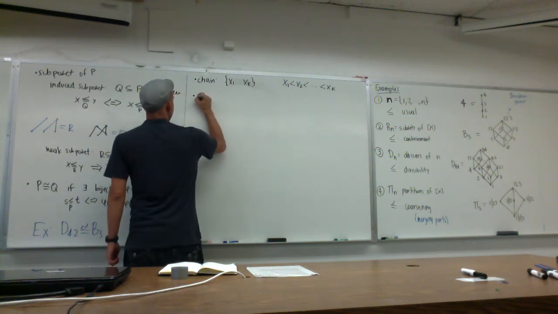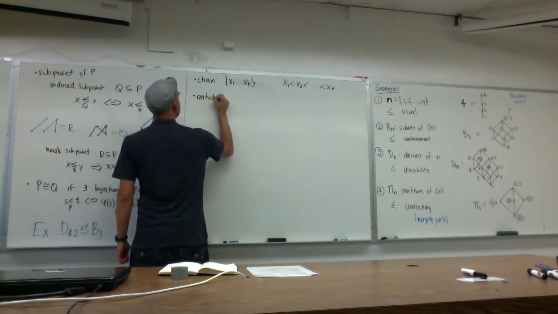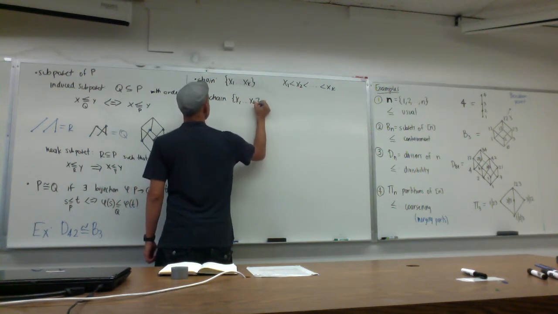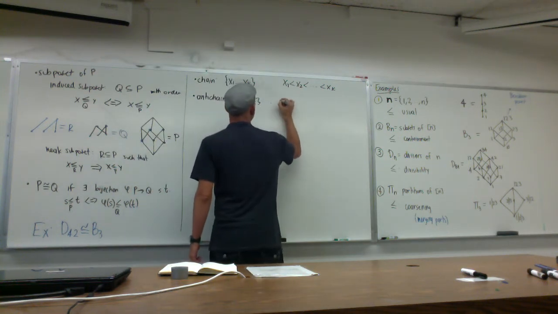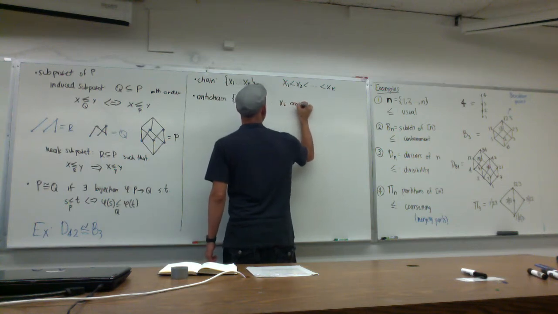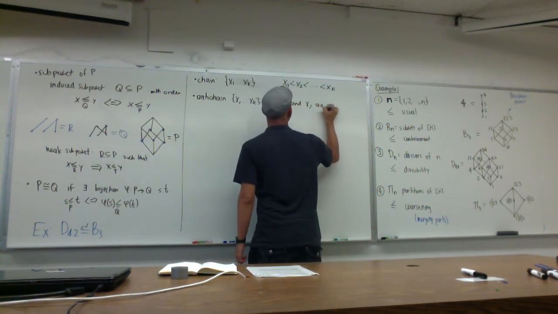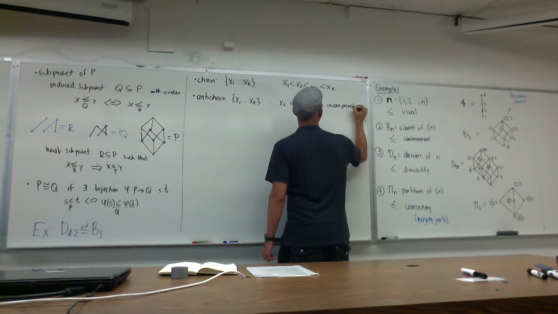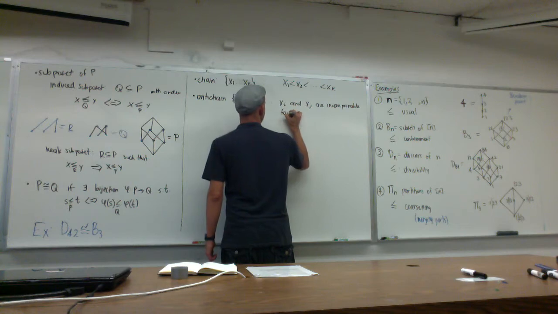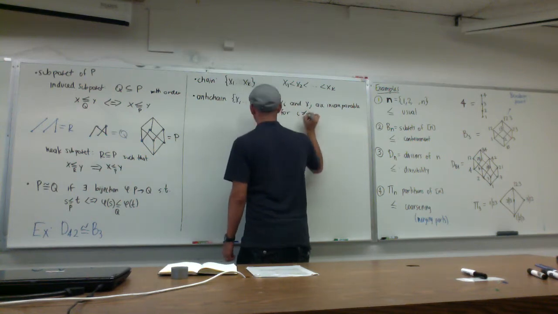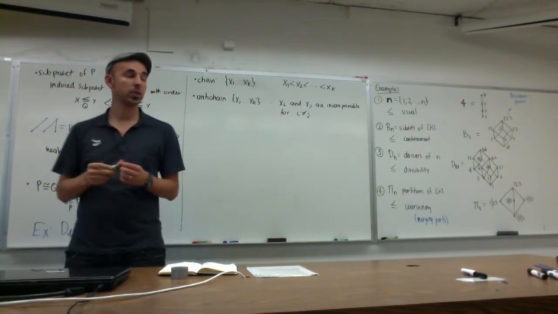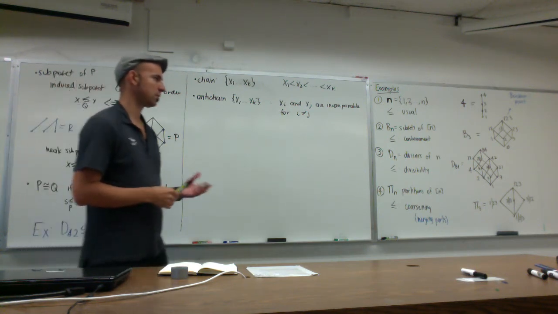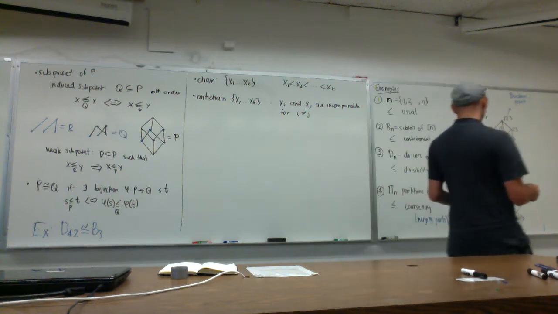Okay, and the opposite thing is an anti-chain, such that xi and xj are incomparable for i different from j. Okay. So what's an anti-chain here?